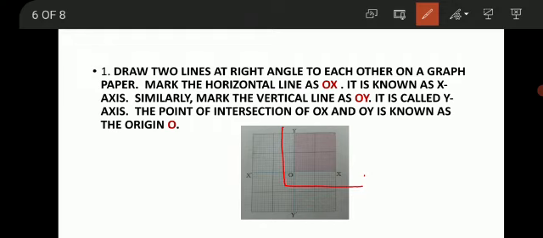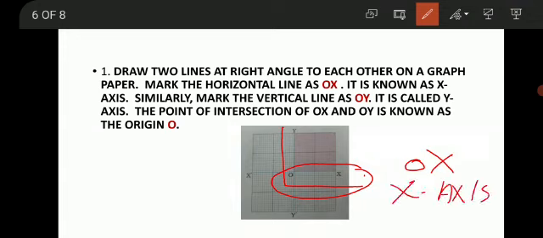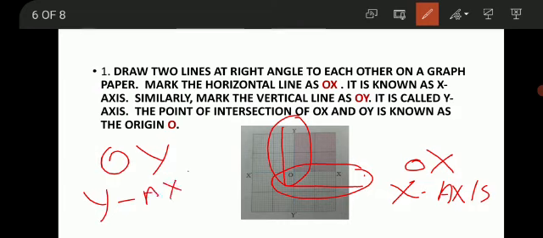Now we have to mark this horizontal line as OX or the X axis, and we have to mark the vertical line as OY or the Y axis. The point of intersection of OX and OY is known as origin O.